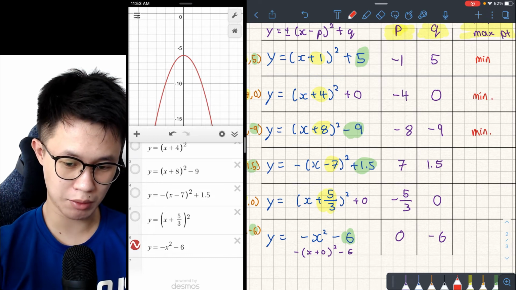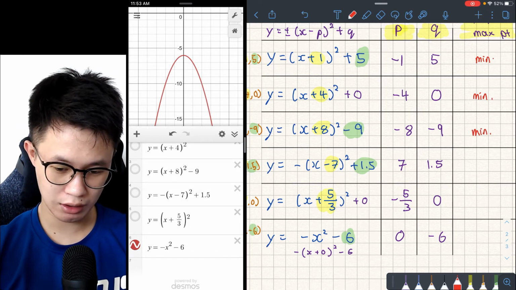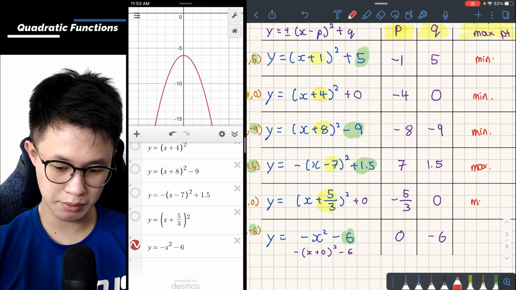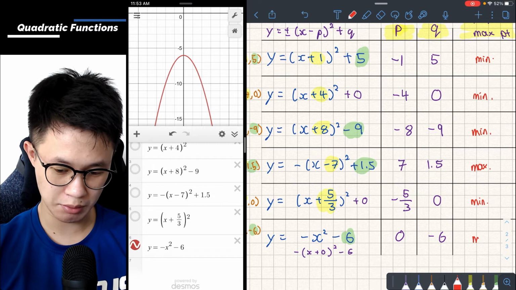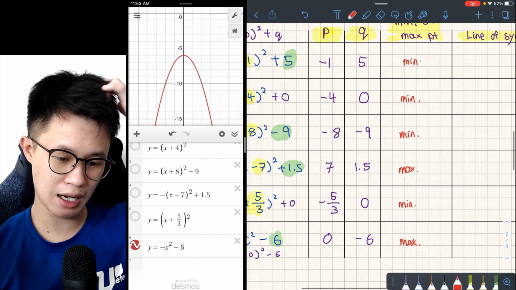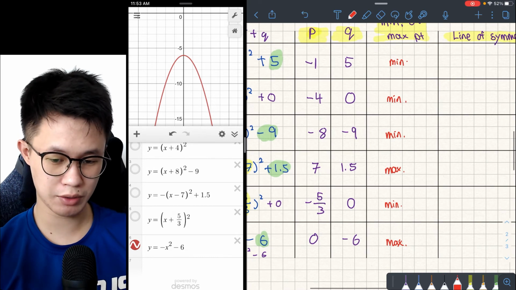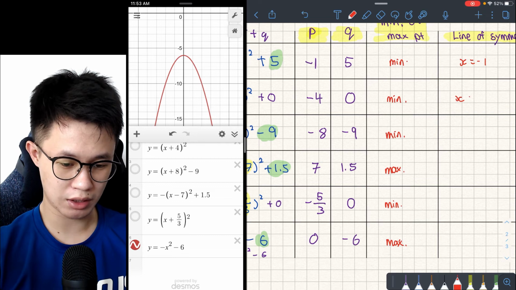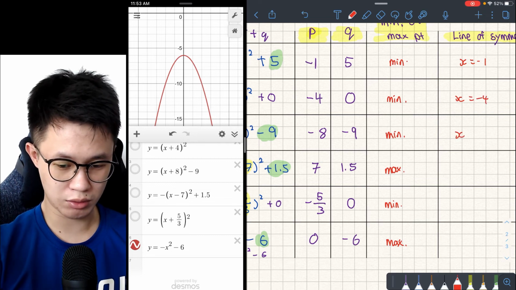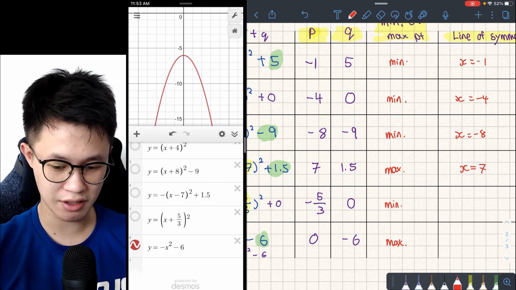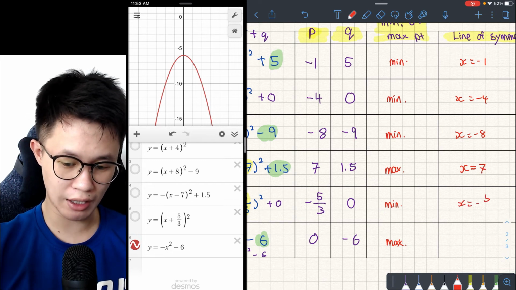The turning points here will be maximum points, and the line of symmetry is simply the x coordinate of the turning point. So x equals -1, x equals -4, x equals -8, x equals 7. These are the lines of symmetry that we derive from equations.